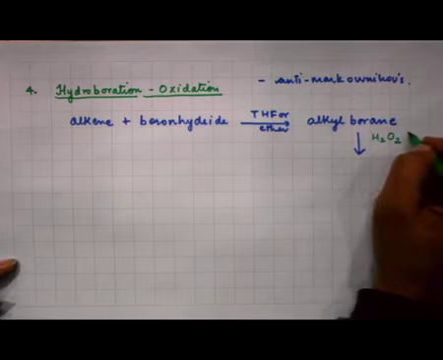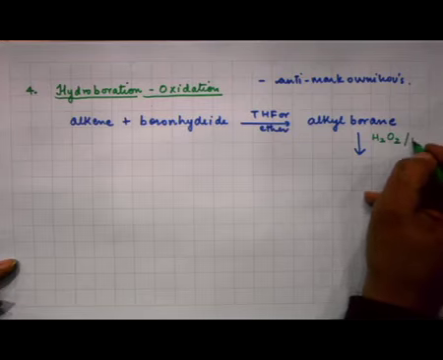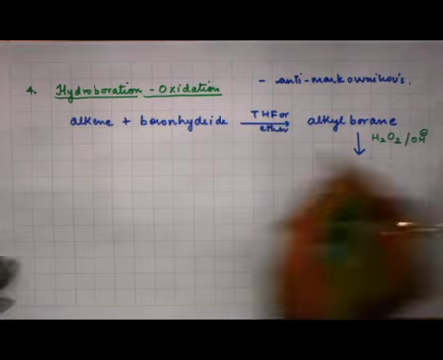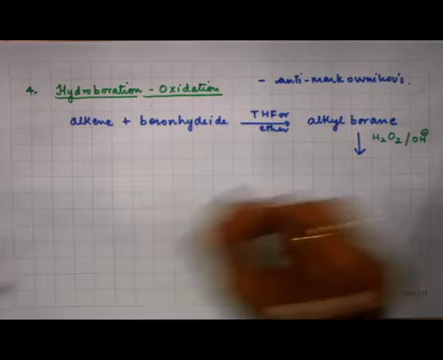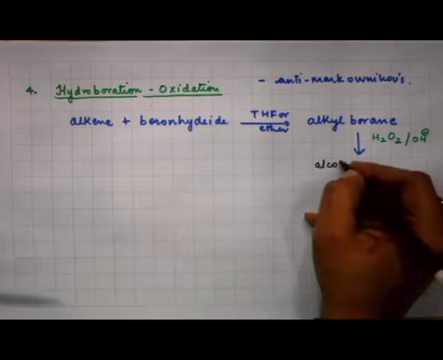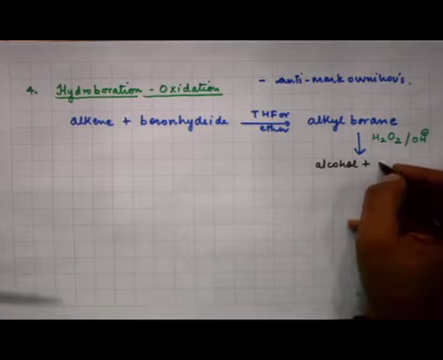It is subsequently followed by the oxidation with hydrogen peroxide as the oxidant under alkaline conditions to give us finally the desired product, the alcohol and the boric acid.